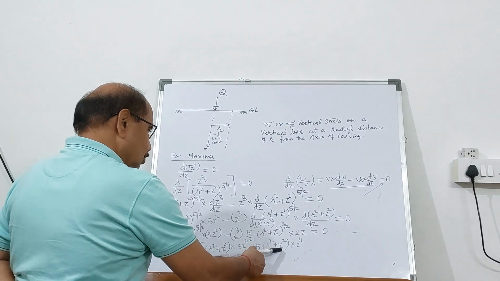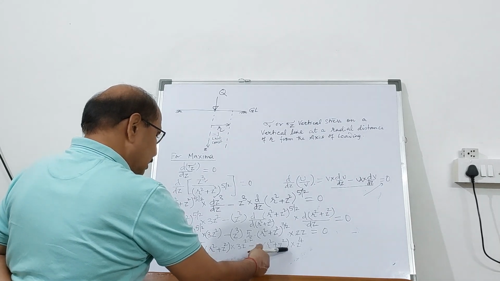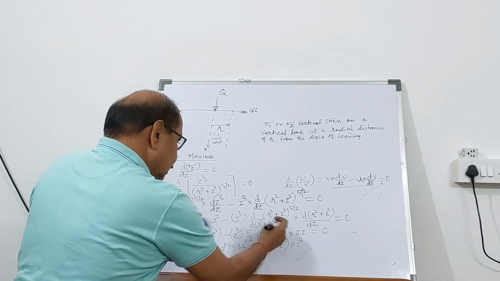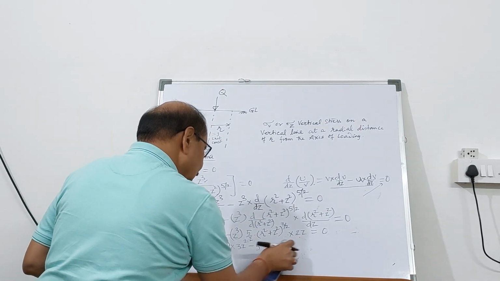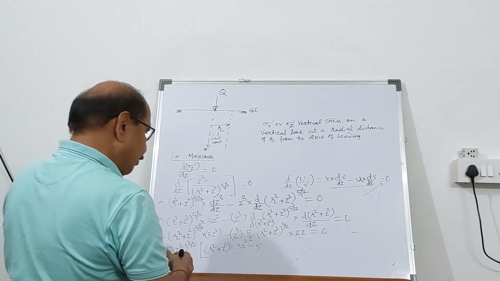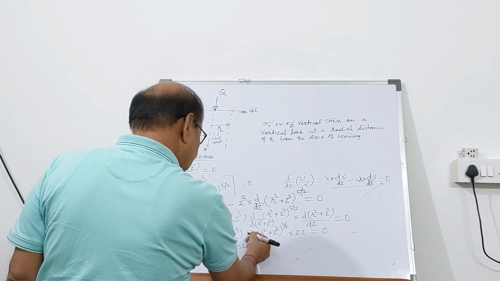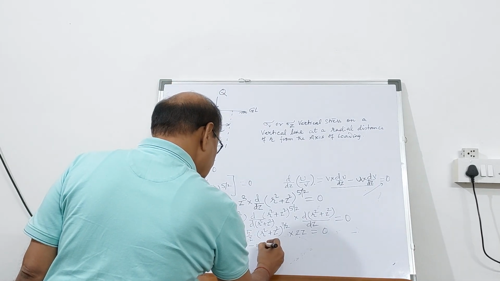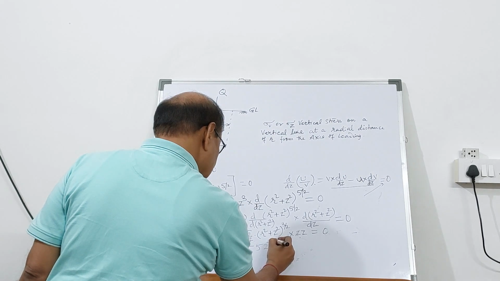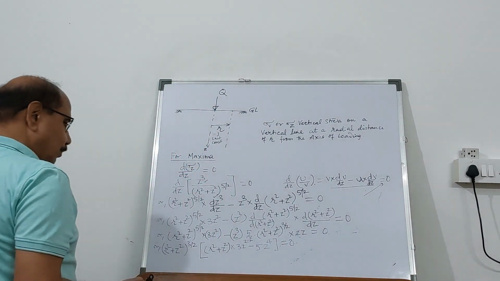So 5 r square plus z square. This has been already taken out. 3 by 2 we have taken out. So this term will not come. So what is going to be finally? It becomes 5 times z4, must be equal to 0.